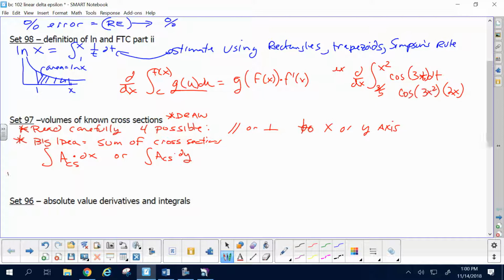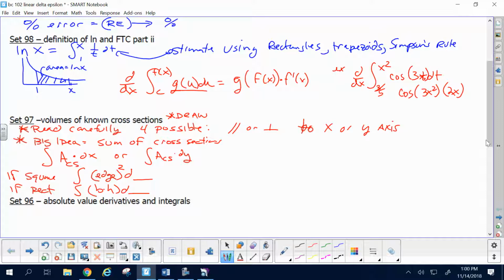If it's a square, that's pretty easy. The area of the cross section is just an edge squared, dy or dx, whatever. If it's a rectangle, then the area of the cross section would be obviously base times height.